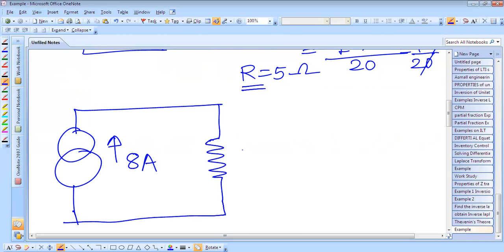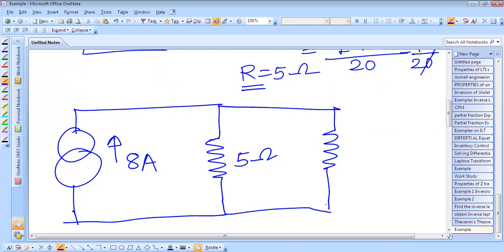It is 5 ohm, and this is another resistance. This is the output terminal which has the 5 ohm resistance. We have to find the current flowing through this 5 ohm resistance, and this is the resistance which we have viewed from the output terminals by open circuiting the output terminal.